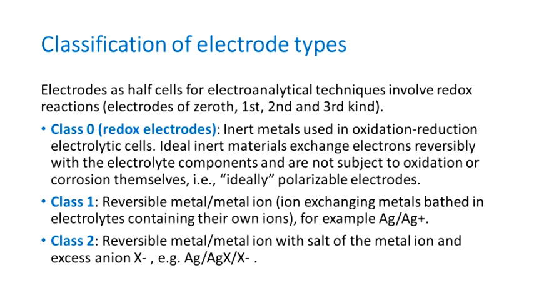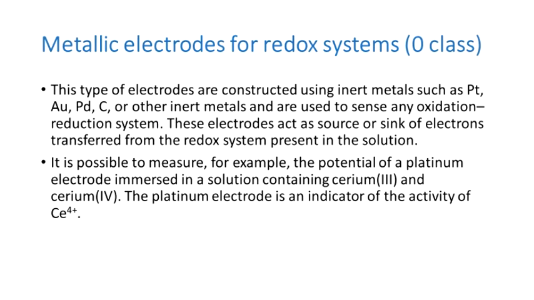To measure electrode potentials, different types of electrodes are used. These are redox electrodes, first and second type electrodes. Redox electrode or zero-class electrode. It is non-active metal, usually it is platinum, which is placed in solution containing two forms of electroactive compound.